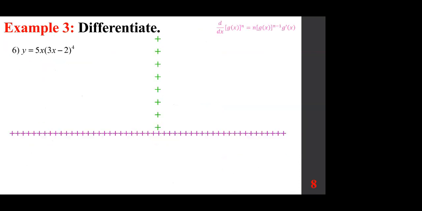What I want you to notice in this example, we are multiplying 5x by 3x minus 2 to the power of 4. So the first thing I want to explain is about number 5. If this number is involved, meaning it's a very large number or a very small number, say 5,000 or 1/5 or 0.218, you want to probably keep it as such in brackets, as a multiplier.